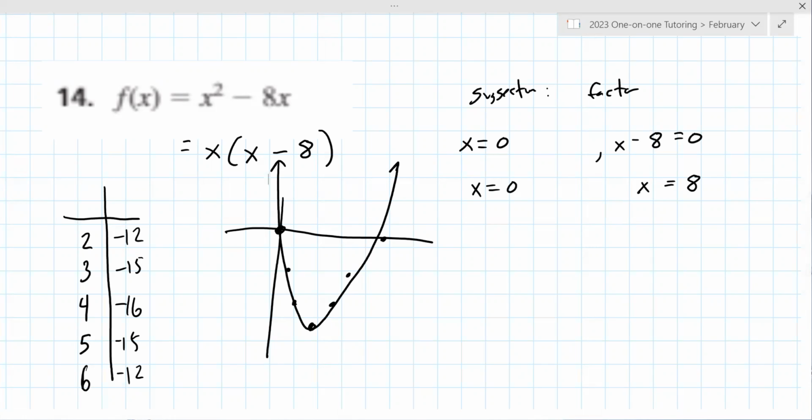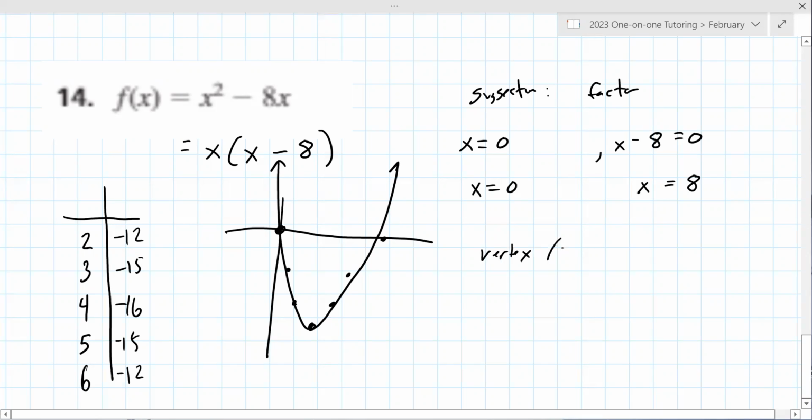Okay, so then the axis of symmetry is x equals... negative 16. That's the x value. Oh, oops. x equals 4, right?